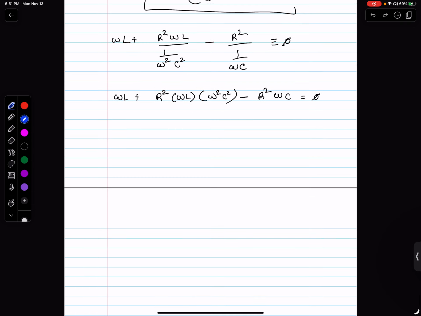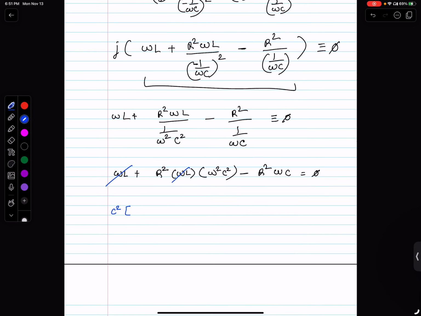So I can factor out C squared and omega R squared L omega squared. R squared L omega squared, that's the quadratic. And we can actually throw out a factor of omega L, because omega L is common through all of these.